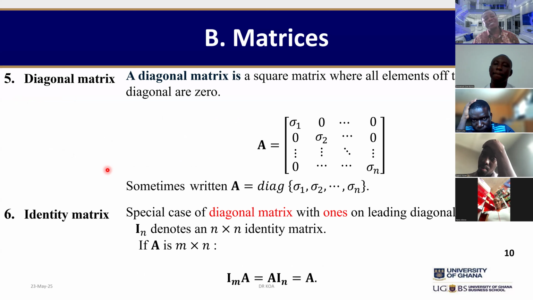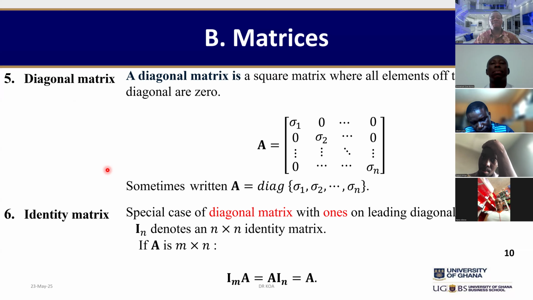So now, what is the difference between a square matrix and a diagonal matrix? You can tell me.